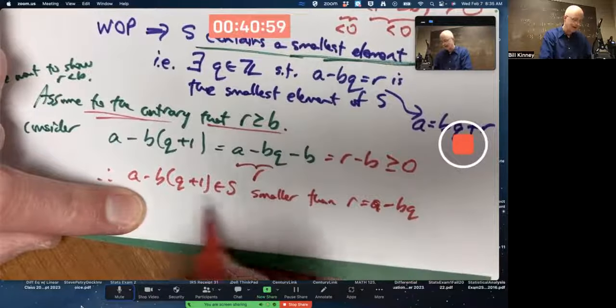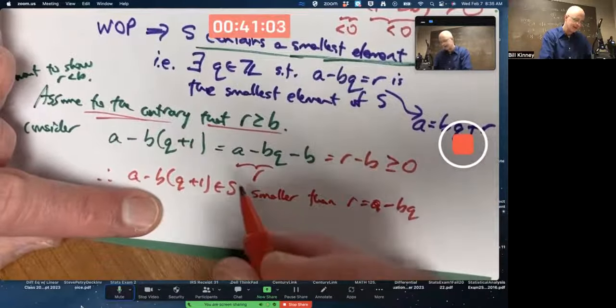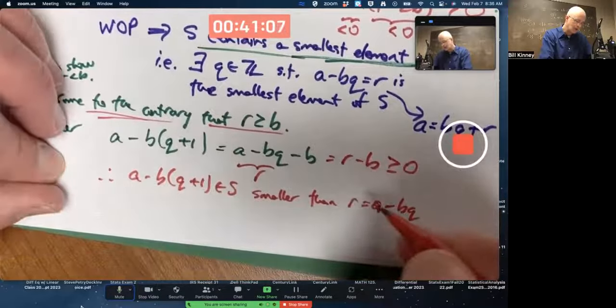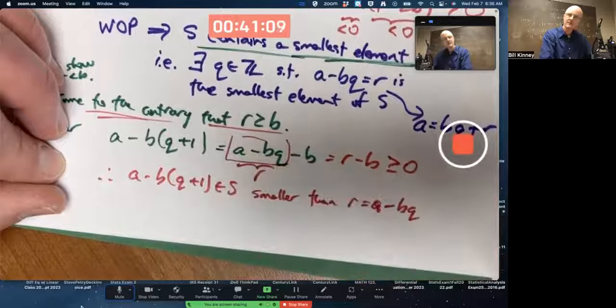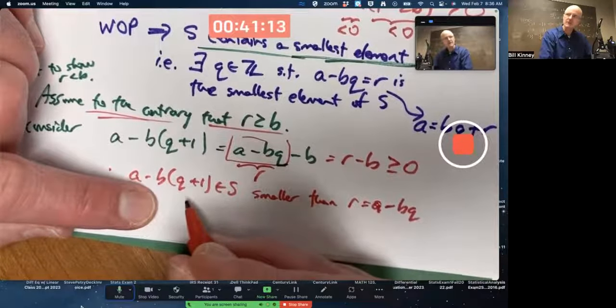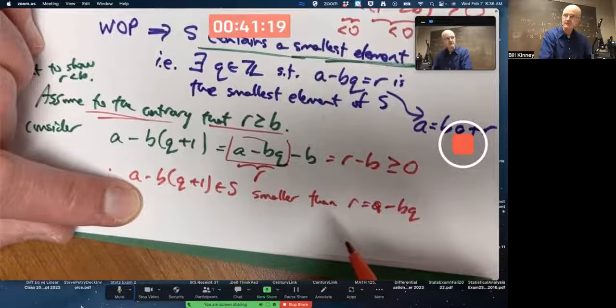Say it again. I got A minus something that is bigger than A minus BQ, which equals R. I'm subtracting something bigger here, so the result must be smaller. It is important that B is positive.